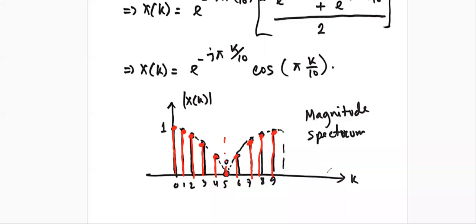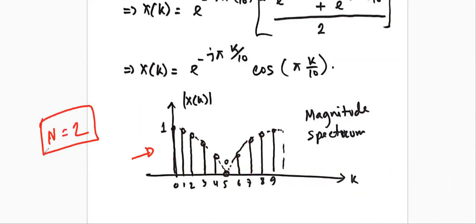Now the question is, can you draw this magnitude response if we took N equal to 2? If we took N equal to 2, how does it look? You have only 2 samples. What are the samples?